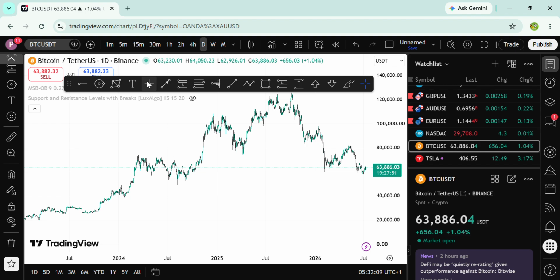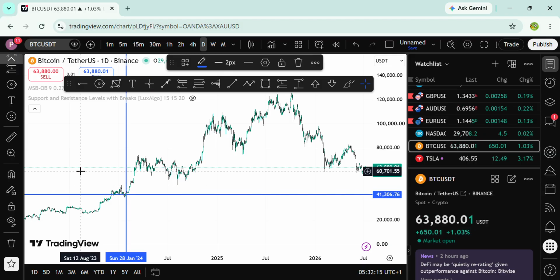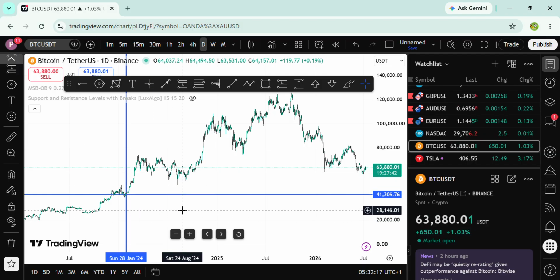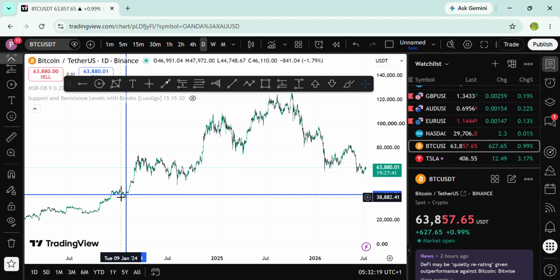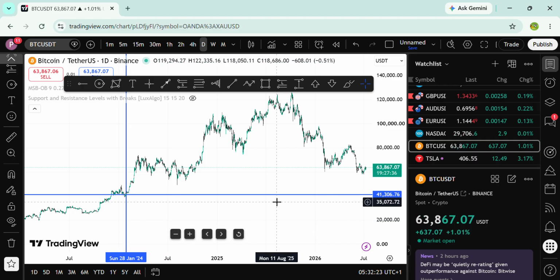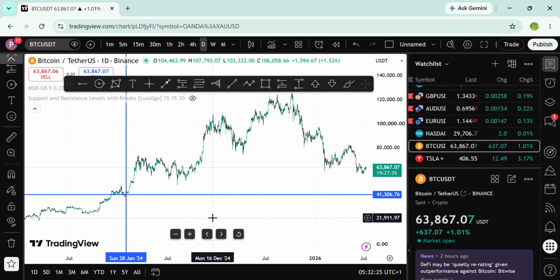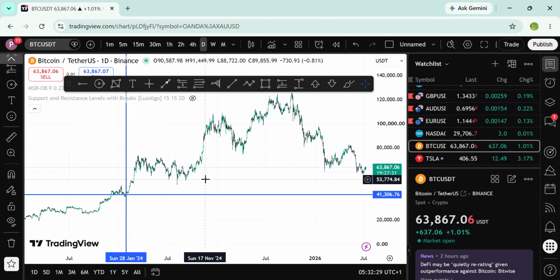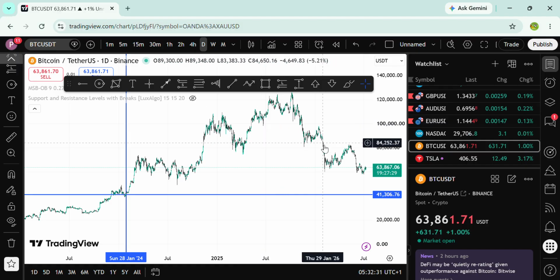So if I want to look at this now, what I'm showing you, this is time. If I want to indicate when Bitcoin started buying, it started buying from here, which is Sunday, 28th of January 2024. That was when Bitcoin started buying, creating a bullish structure, upward, upward, upward.